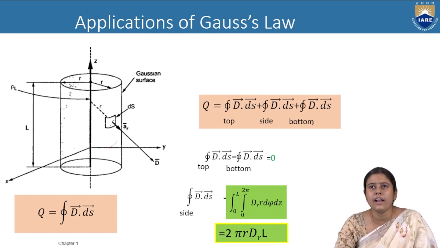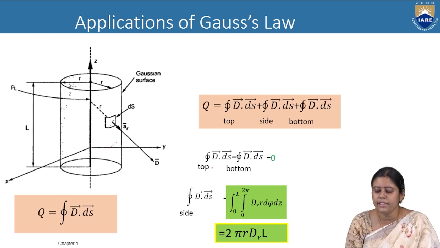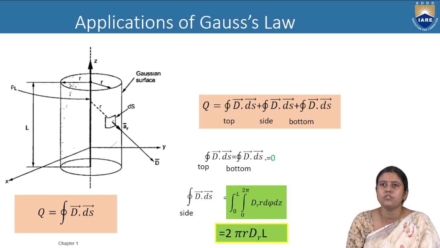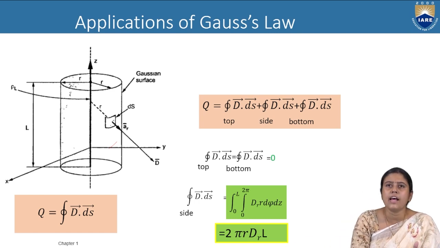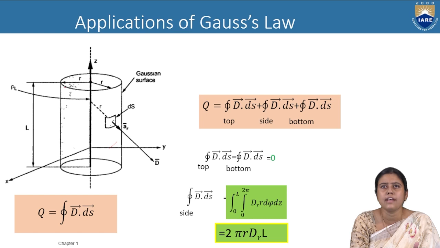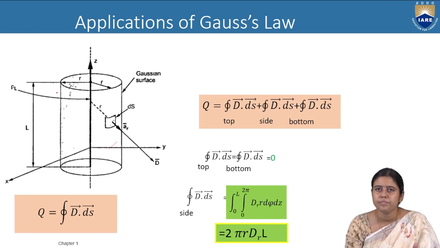As we discussed earlier, D doesn't have any component along the Z axis, so D dot dS for the bottom and the top equals 0, as there is no component along the Z axis. So we only have the side surface of the cylinder.